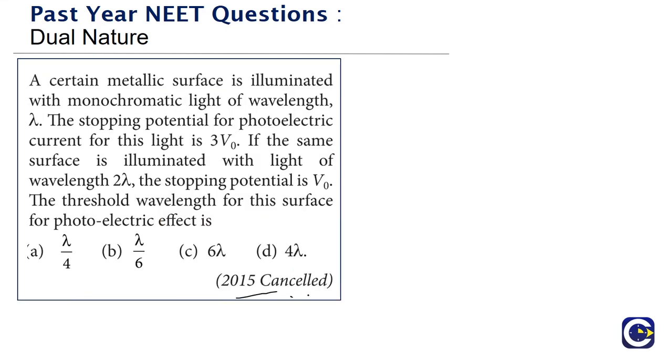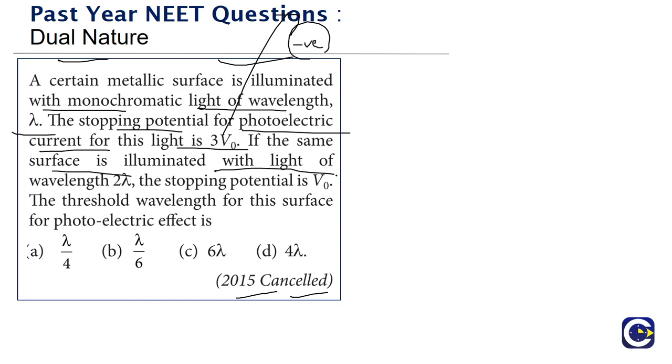This is another question, 2015 cancel paper. A certain metallic surface is illuminated with a monochromatic light of wavelength lambda. The stopping potential for the photoelectric current is 3V0. One thing we need to keep in mind is stopping potential will be negative in terms of value. If the same surface is illuminated with a light of 2 lambda, meaning we are changing the wavelength of the incident radiation, the stopping potential is now V0.